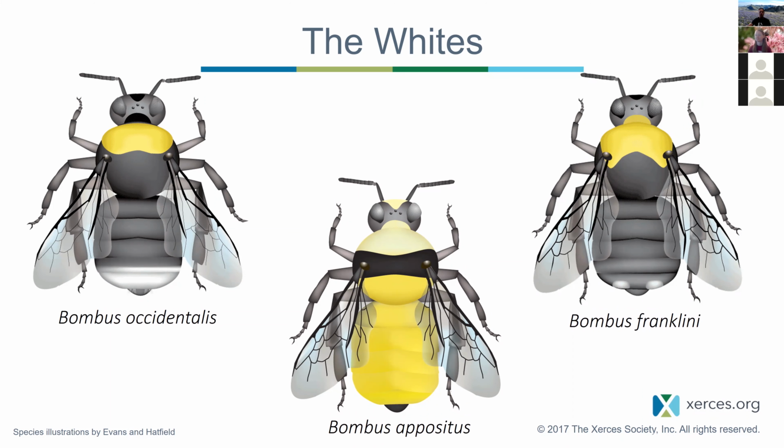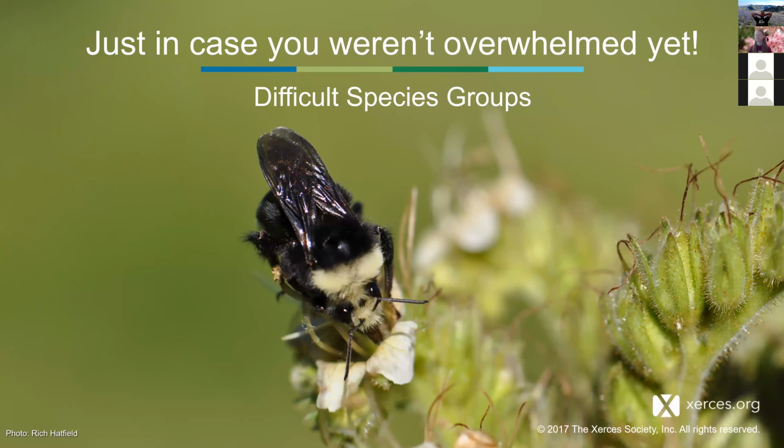Okay, so that is definitely the most common species that you're gonna see. But just in case you weren't overwhelmed yet with all the information I've thrown at you, we're now gonna dive into some of the difficult species groups, which are mostly gonna be these yellow-faced, yellow-striped bees and our cuckoo bees.